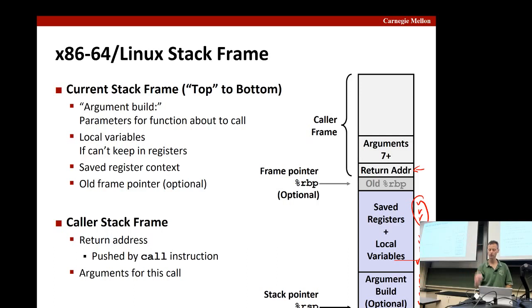And then, as with the earlier question, you have the old value of RBP. If you're using RBP, then you want to squirrel away the old value of that. Okay, so we have the return address, which is considered part of the caller frame. And then the callee, which is what's getting called, has all this stuff. Did I cover all this? Yes. Okay, good. So any questions on that?